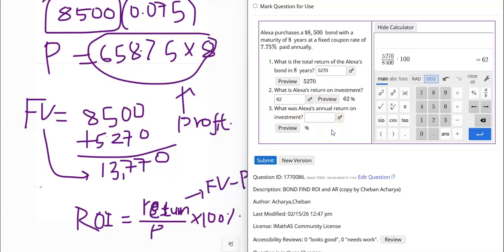Now part 3, where we have to find the Alexa annual return on the investment. This is annual return, not the return on the investment. It's the average annual return on her investment.